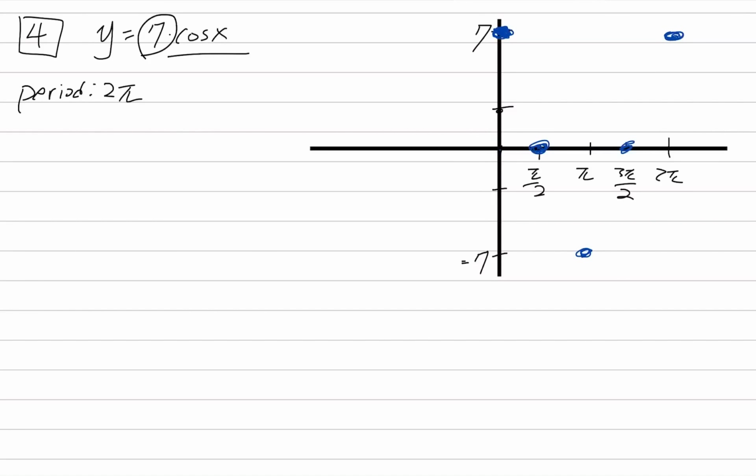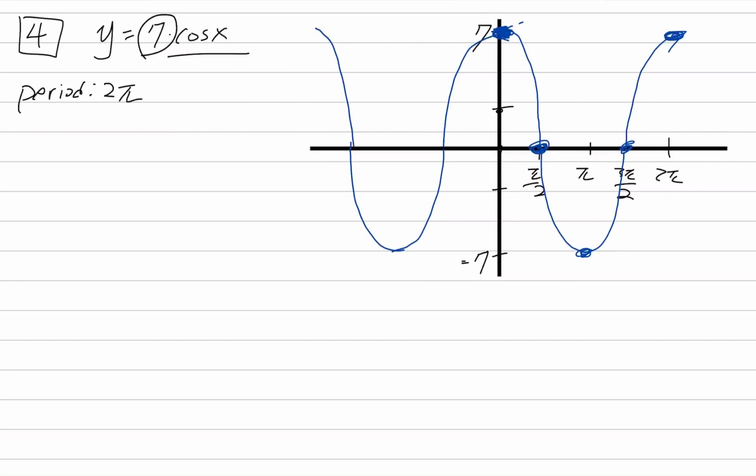Right? And you have this curvature, right, like this. Again, these are not straight lines. Okay. And since we need 2 periods, we'll just do another one, like this. Okay, so this is 7 cosine x. So the only transformation applied here is amplitude. We multiply by positive 7.